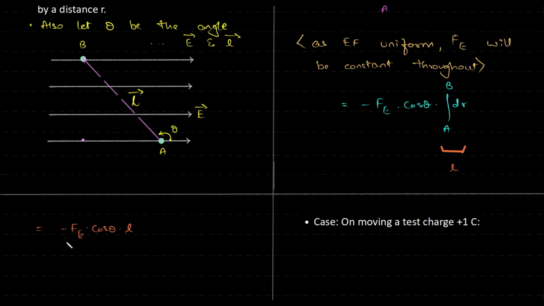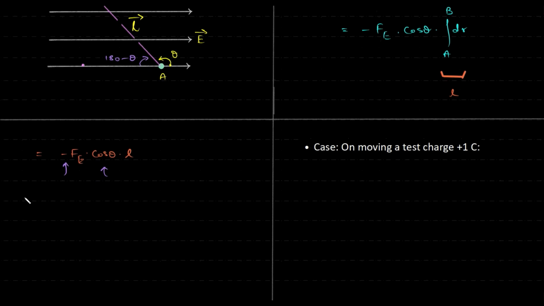So we can take care of this negative with the help of cos theta. How? I'll give you guys a clue. This is a linear pair, so this has to be 180 minus theta. Now think about it. Minus cos of theta is nothing but plus cos of 180 minus theta.